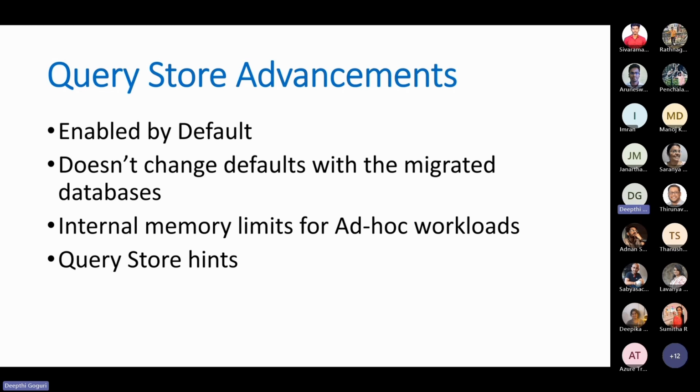And the additional advantage in SQL Server 2022 is that Query Store, in previous versions, used to also collect all the ad hoc workloads, and there used to be no limit for those ad hoc workloads. The problem with the ad hoc workloads is that each query that you are running from your application, if it is an ad hoc query, will have an entirely new query ID.